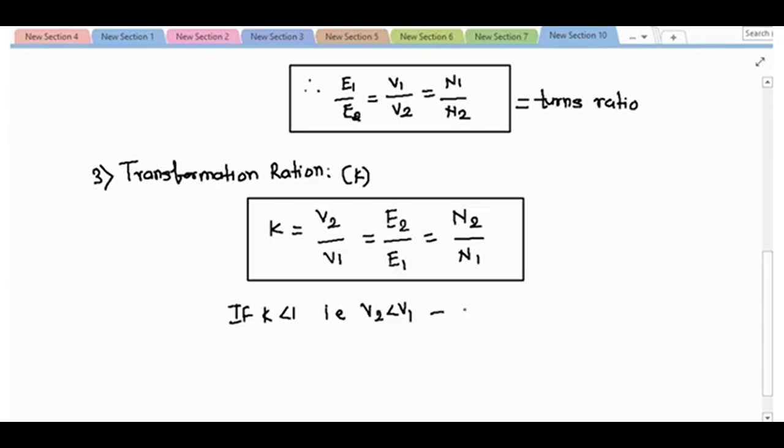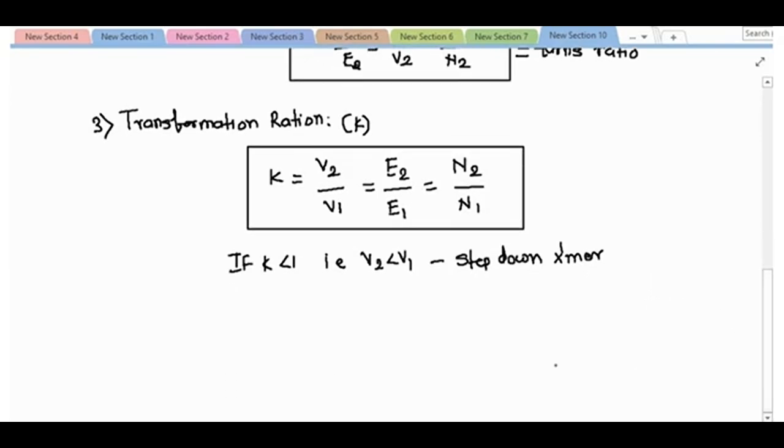So such a type of transformer is called a step down transformer. It is that transformer which receives electrical energy at one voltage and delivers it at a lower voltage level.